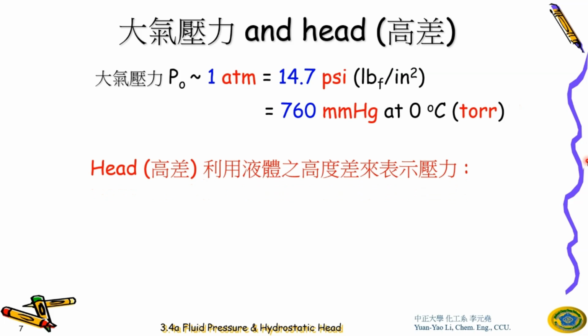Okay, so you might say, wow, Professor, something is wrong, because the unit of PSI is force divided by area. But this is meters, and the dimension of this is length, right?